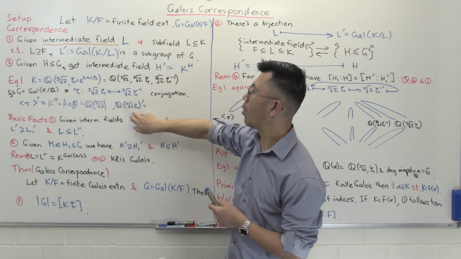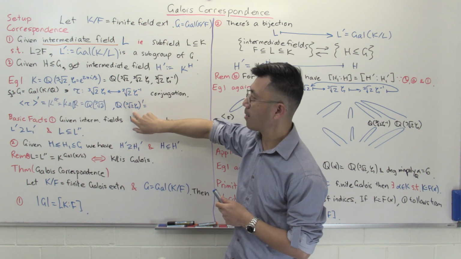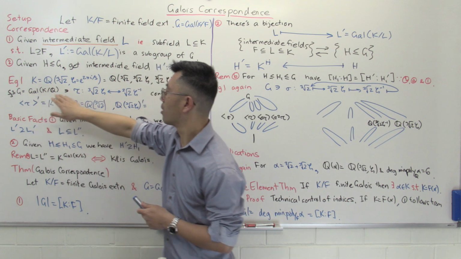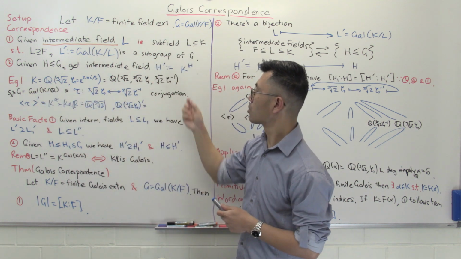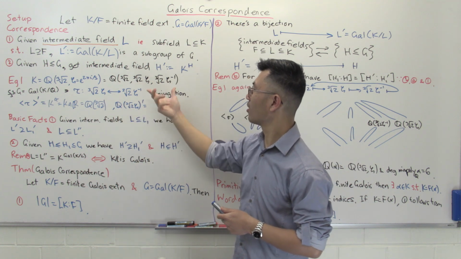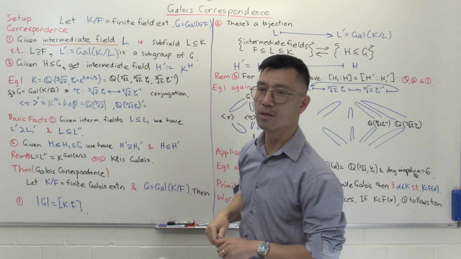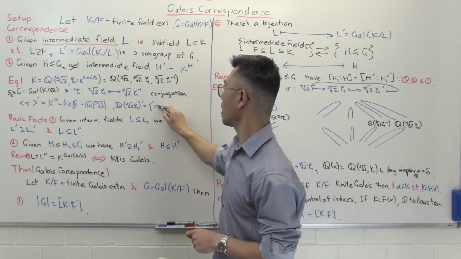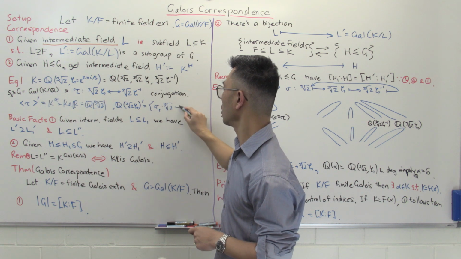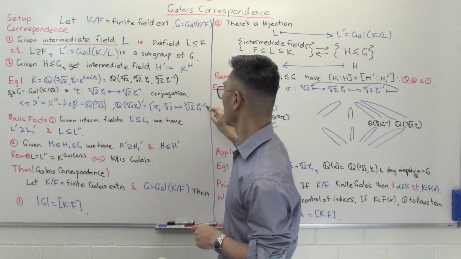So what are the Galois automorphisms which fix this cube root of 2 zeta? You want a subgroup of this S3, the permutations of these three roots. What permutations of these three roots are going to fix that? The only non-trivial one is the one which swaps the outer two roots. So you look at the thing generated by, let's call it tau 1, which swaps the cube root of 2 with the cube root of 2 zeta inverse.